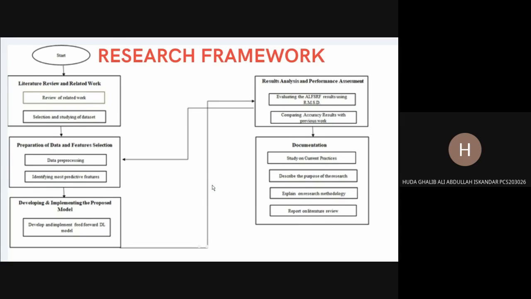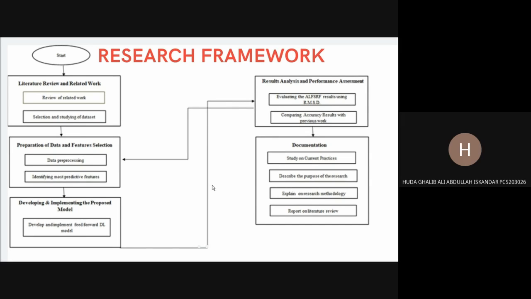For our research framework, the first stage starts with a literature review and related work. A review of related work is going to be conducted, along with the selection and study of the dataset which is going to be used in this study, which is the PROACT database.